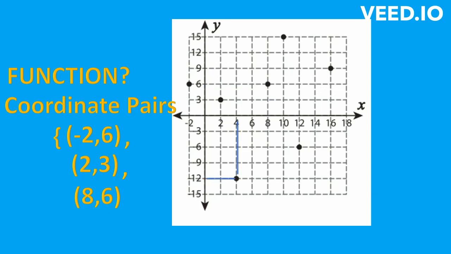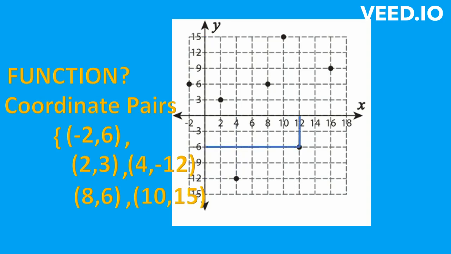We forgot to take this one here. For 4, we have 12. 4 and 12 is one pair. And for 10, we have 15. For 12 on the x-axis, we have minus 6 here.